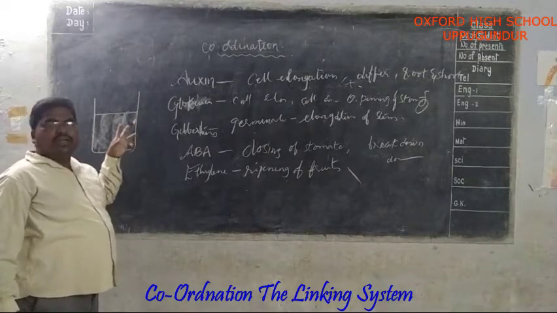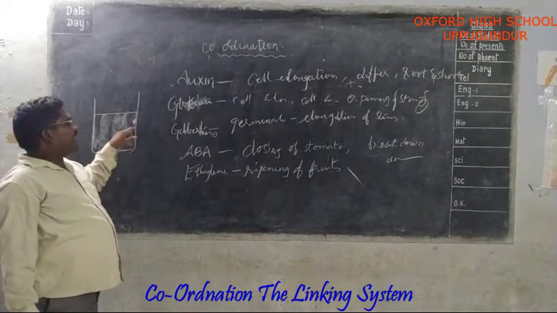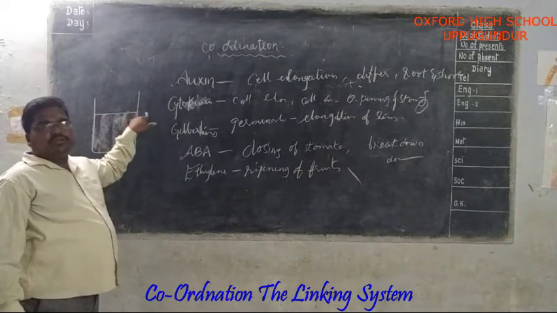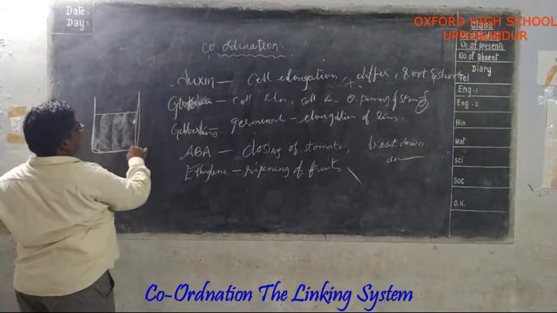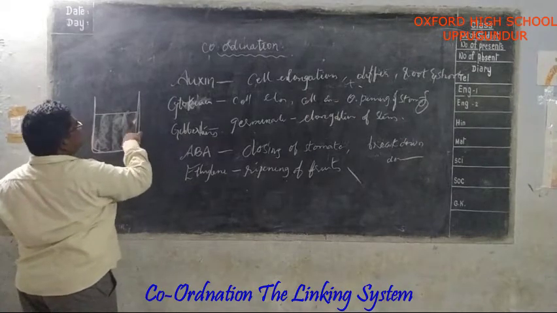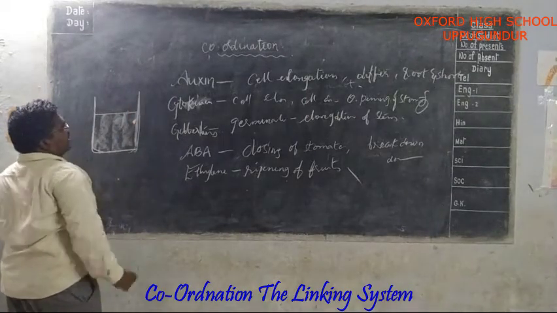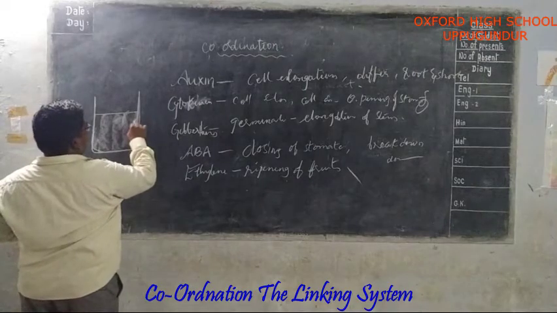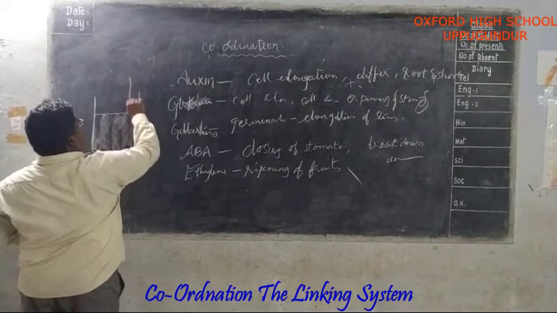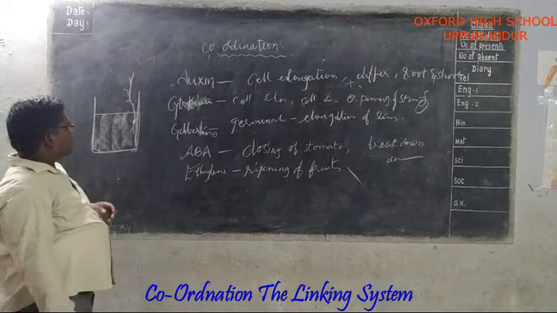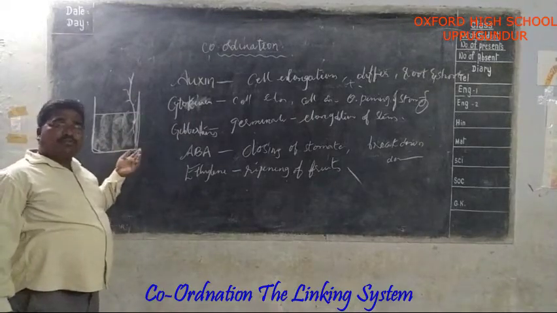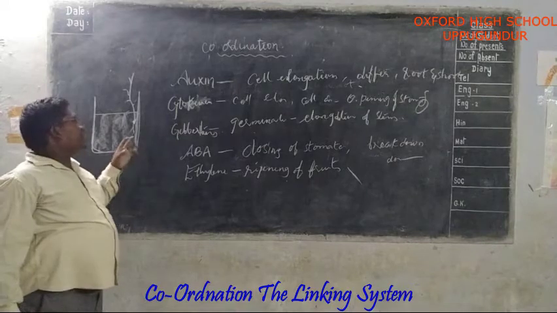So you can notice the growth of the roots and shoot. After 2 to 3 weeks, you can notice that the roots and shoots are growing.